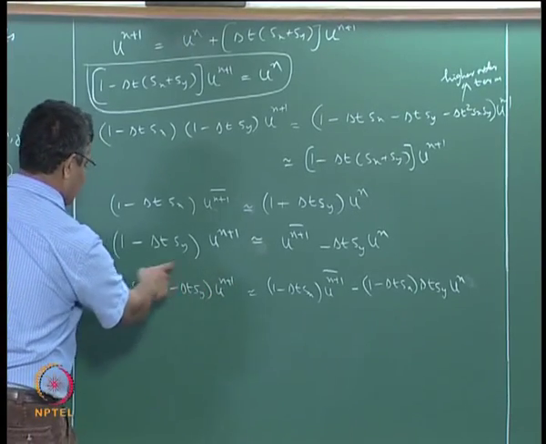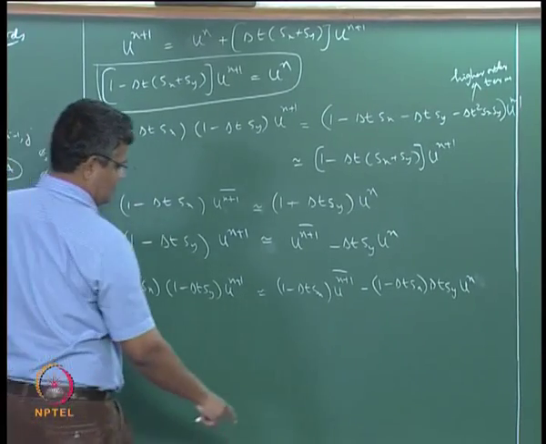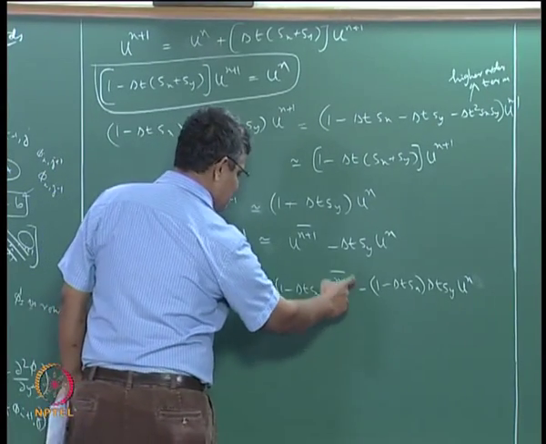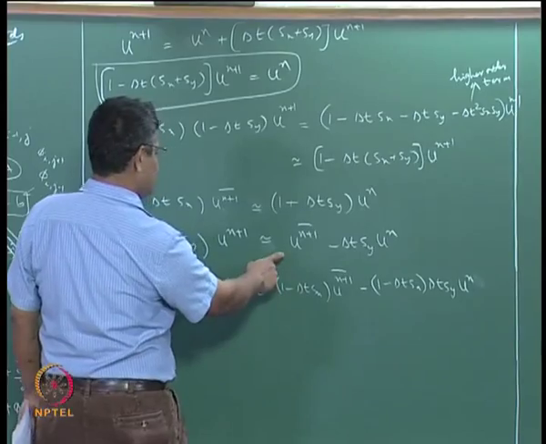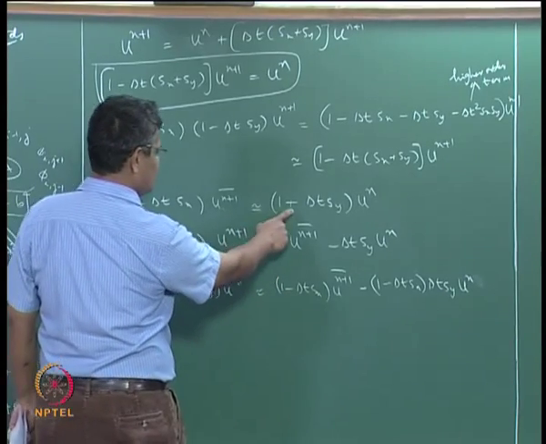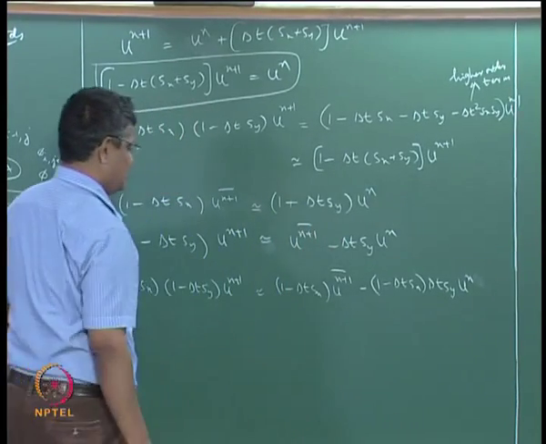On the left hand side we have this one, and this particular thing here, from here, is equal to 1 plus delta t Sy.